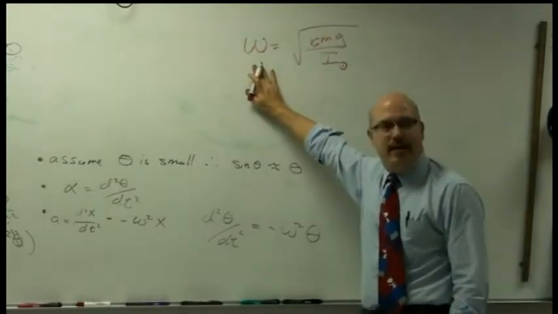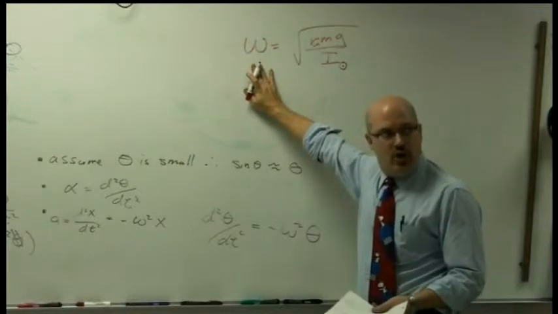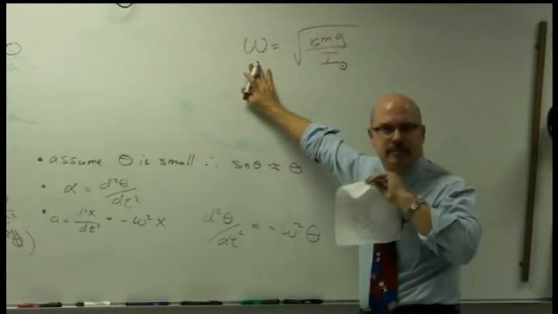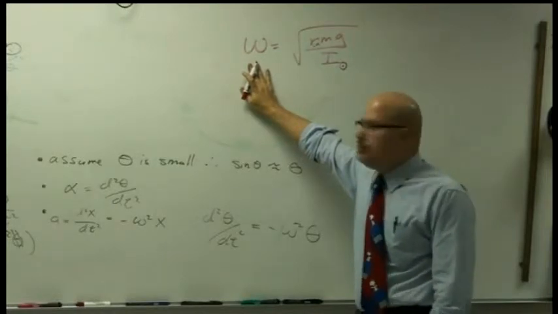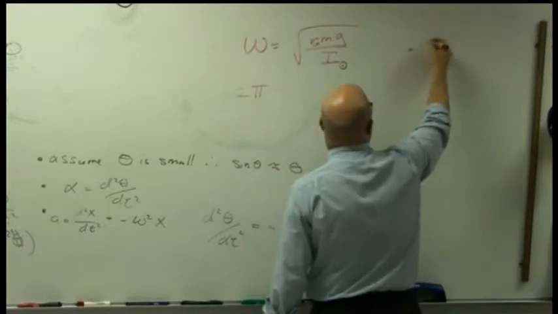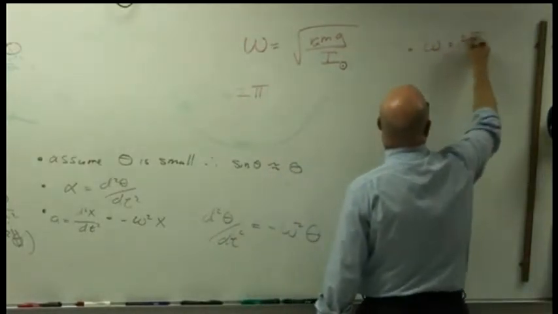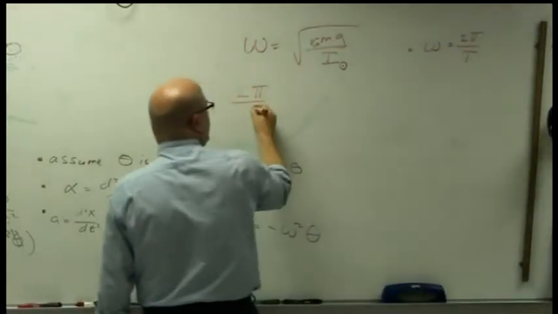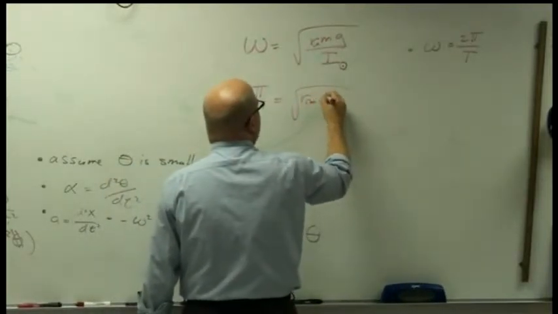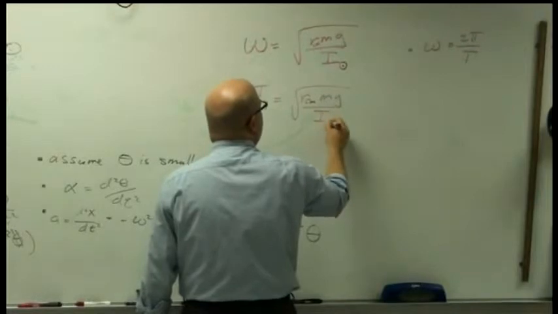What's omega equal again? 2 pi over the time period. So 2 pi over T equals the square root of R_CM mg over I about the pivot point.